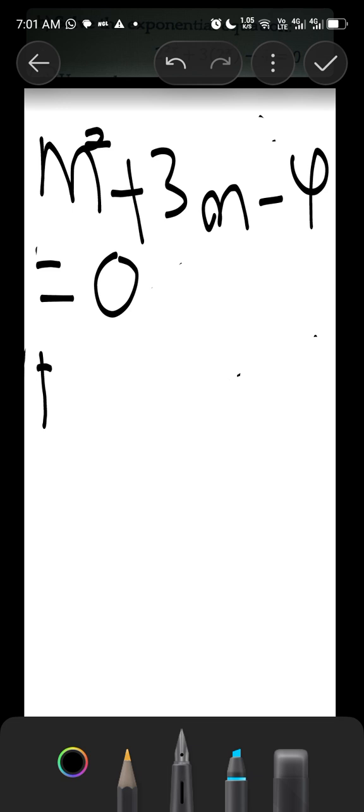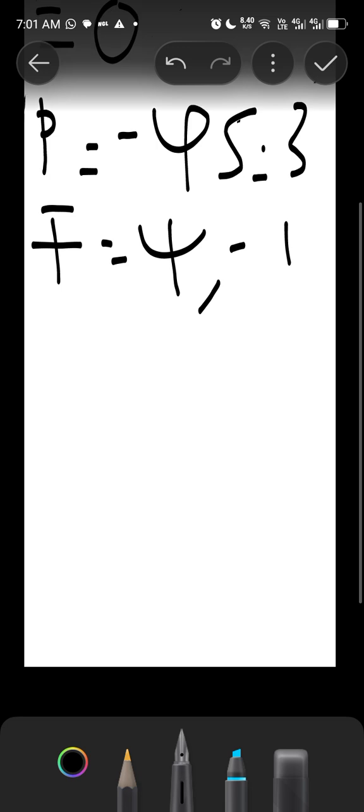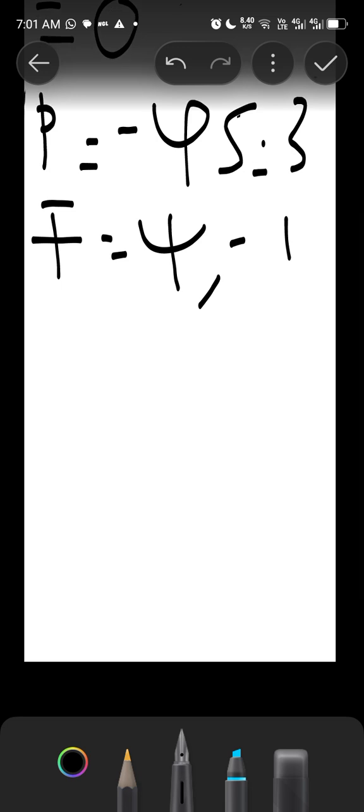So our product is negative 4, sum is 3, and our factors are 4 and negative 1. So we can solve for m by expanding.